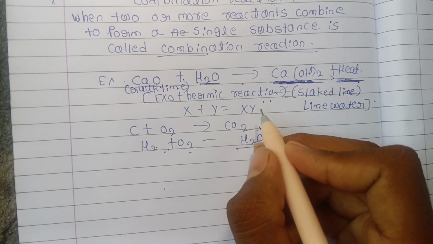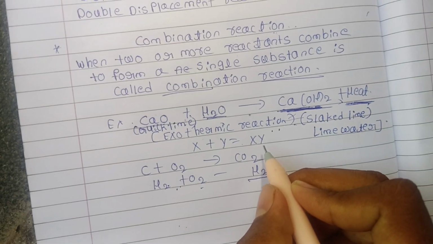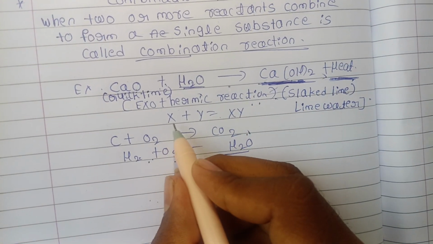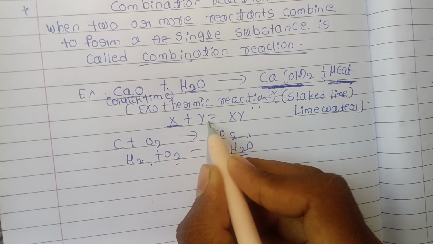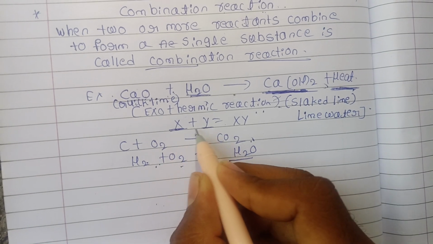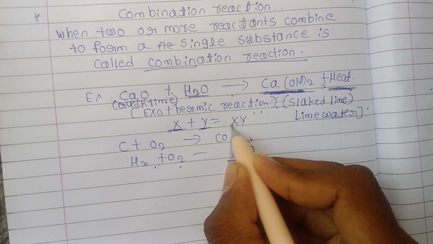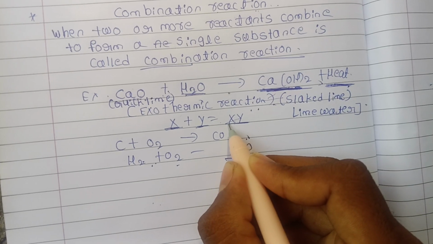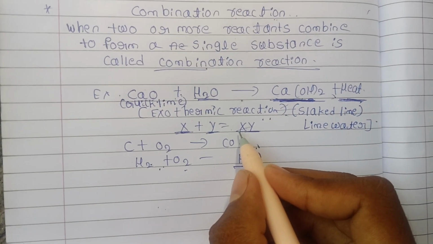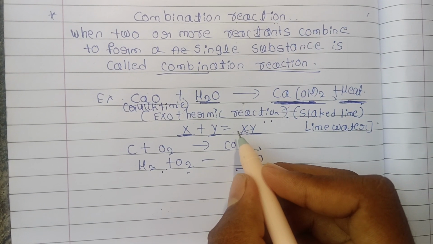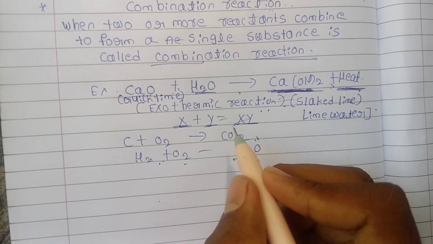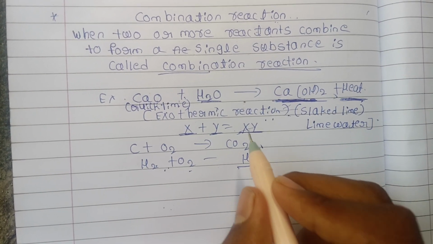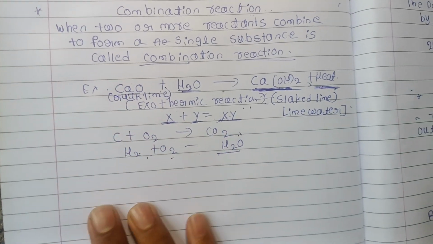The best way to remember the combination reaction is X plus Y, one reactant and another reactant, to form a single product, that is XY. So this is the best way to remember combination reactions. Okay, I hope you understood the combination reactions well. And to move on.